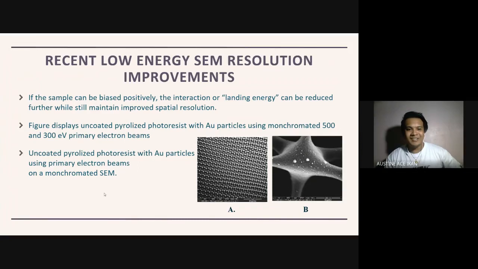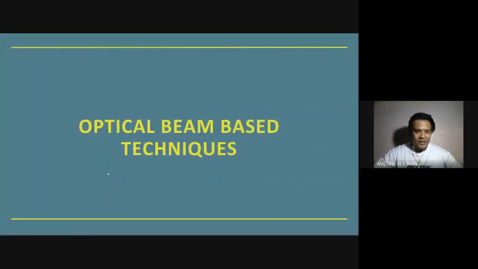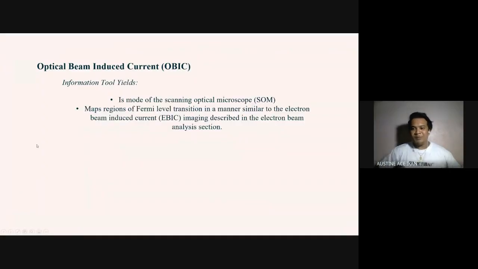Next, here are some optical beam based techniques. First is optical beam induced current or OBIC, a scanning optical microscopy, SOM, imaging mode that localizes regions of Fermi level transition.